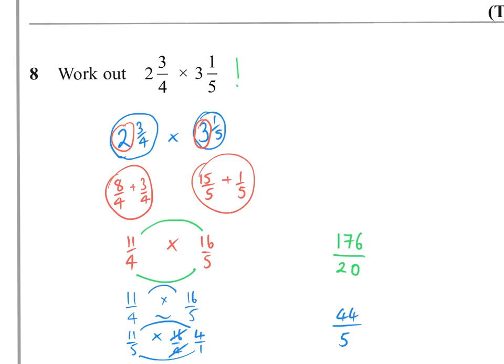So either one would be acceptable, whereas I would probably say this one here. Alternatively, if you don't want to rewrite the fractions in different ways, you can just cancel the 4 and the 16, which you've probably done quite a lot of before, and then you'll end up with 11 times 4, which is 44, and then this here would be a 1, and that would be 1 times 5, which is 5. Exactly the same answer.